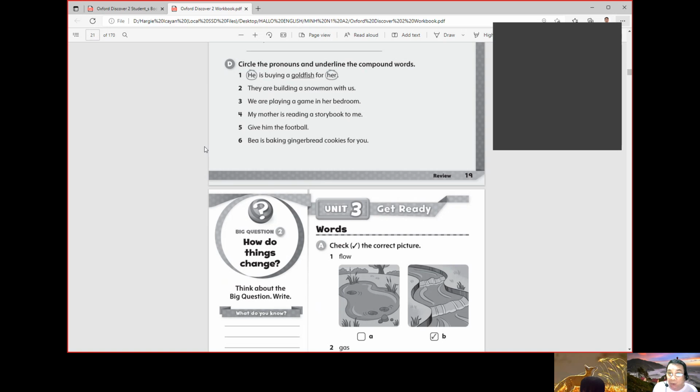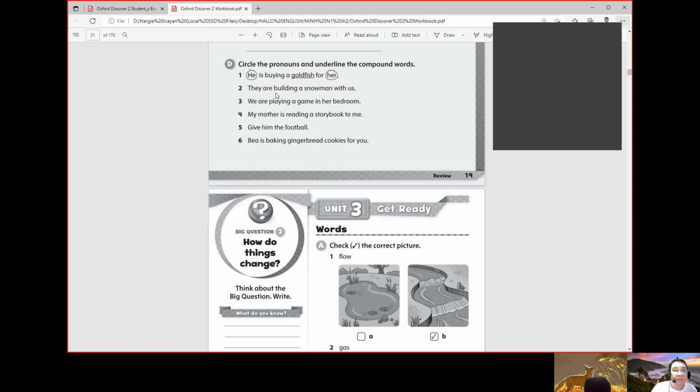Number one has been given to us. He is the pronoun. And the compound word is goldfish. There's another pronoun in here. This one is a subject pronoun and this one is an object pronoun. Number two, Min, can you read the sentence first?